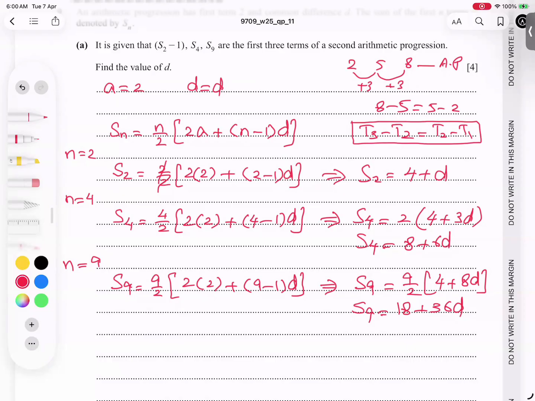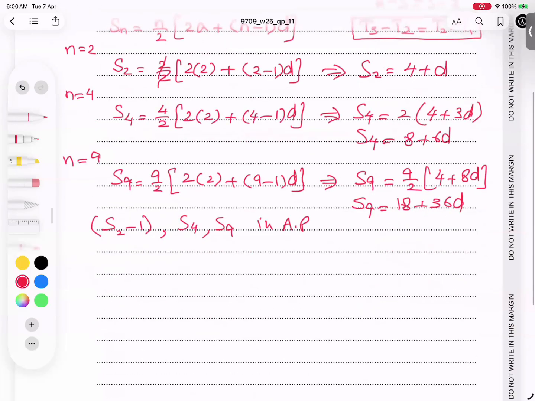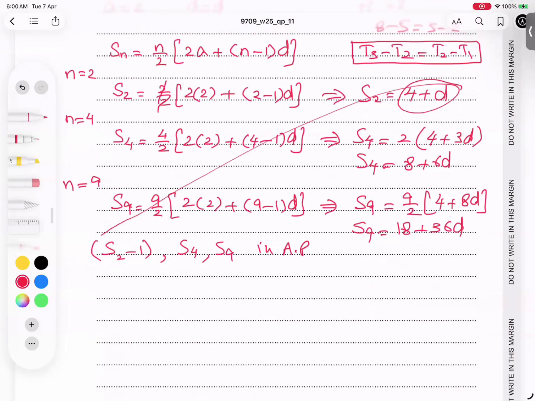So he's saying that S2 minus 1, comma S4, comma S9 are the first three terms, in an arithmetic progression. So what I can say, students, first of all, I'll bring this here. I got 4 plus D minus 1, comma 8 plus 6D comes from here, comma 18 plus 36D, in arithmetic progression.